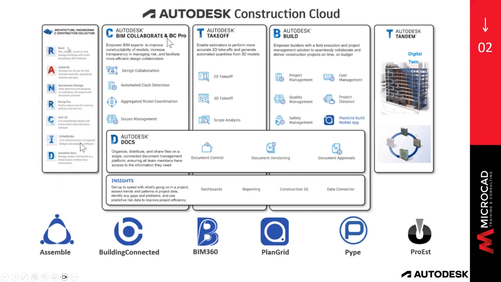If you and your team are working on a collaboration project and you have your license of BIM Collaborate Pro or BIM Collaborate, Autodesk Docs is also included as part of that package. With Autodesk Takeoff, if you and your team are into bidding and you need to create estimations to perform accurate quantities for your project, Autodesk Docs is going to be part of that feature as well.